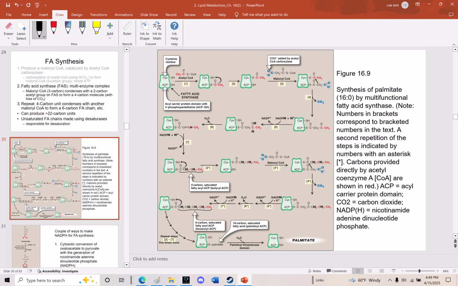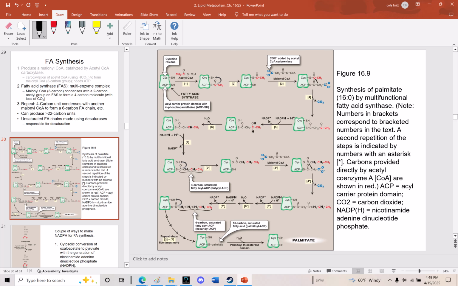I have a question. Yes. It says fatty acid synthesis, is that the same thing as palmitate? Fatty acid synthesis is synthesizing fatty acids. Palmitate is one type of fatty acid. So palmitate is the most common fatty acid that we're trying to make.